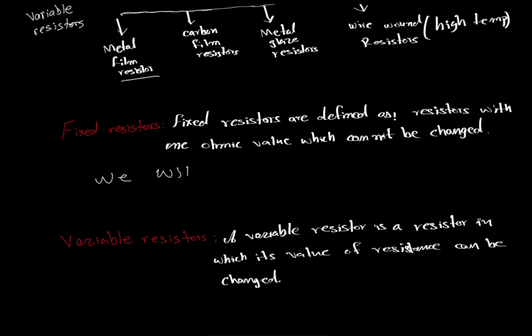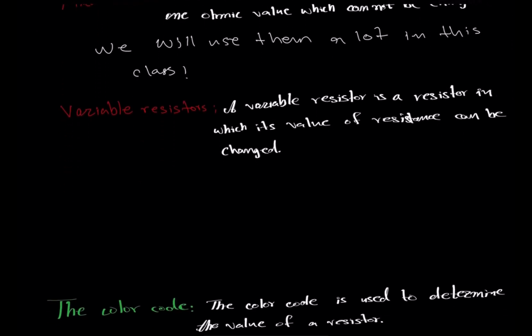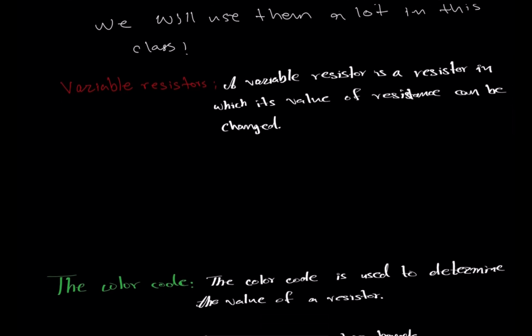We will use them a lot in this class. Variable resistors are resistors which can have more than one value, or they can change their values. That's why we call them variable resistors.